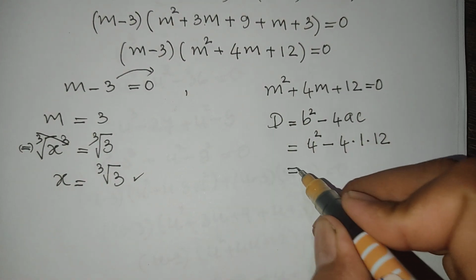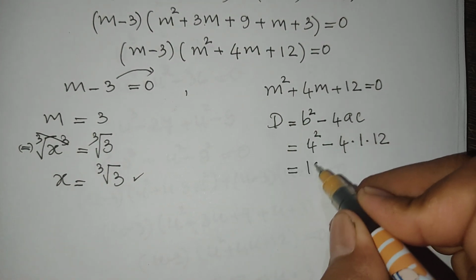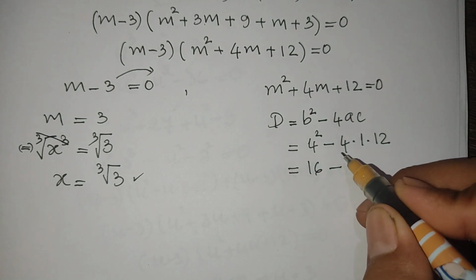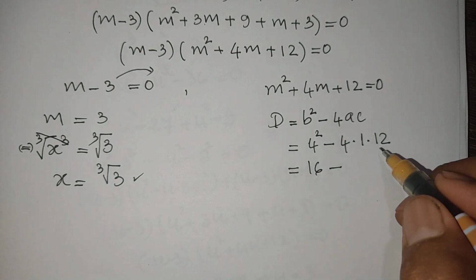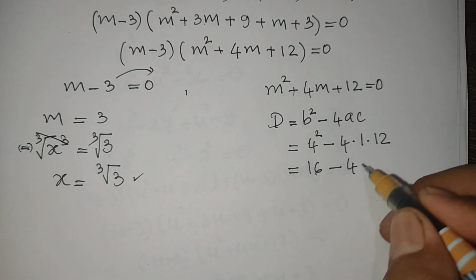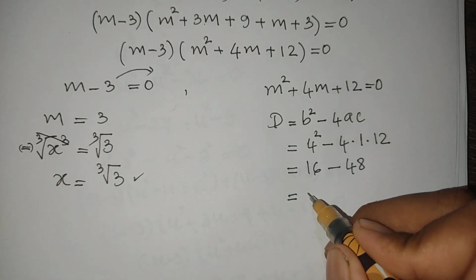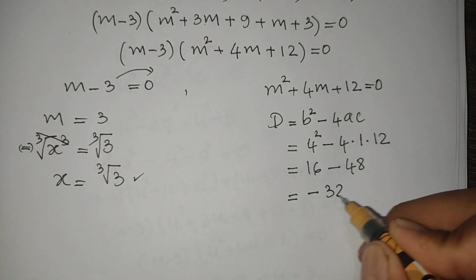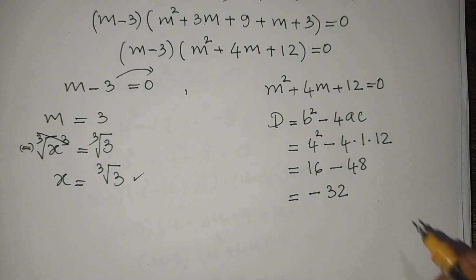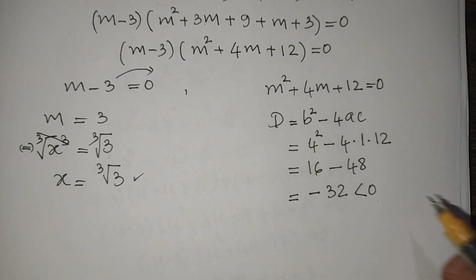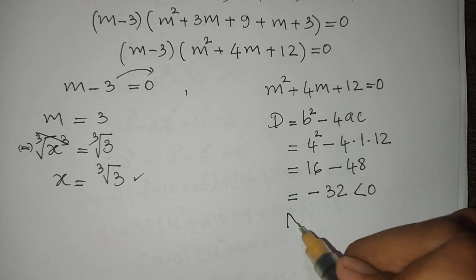So 4 squared equals 16, and 4 times 12 we get 48, and it's equal to negative 32. So it's negative, so there is no real solution.